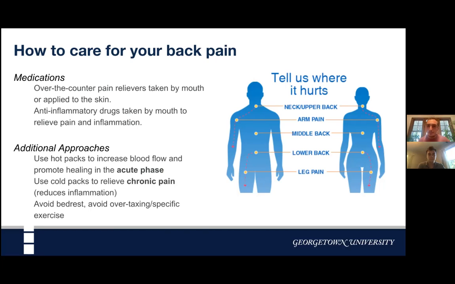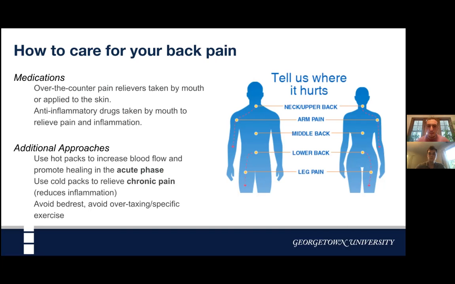Something else that's helpful when you're recovering from some sort of initial injury can be using heat, some sort of hot pack that will increase blood flow to that area and allow for more healing. And usually after 6 weeks, if some sort of back pain, or any sort of pain related to your muscles and joints, is persisting, we would consider that moving into the chronic phase of pain.